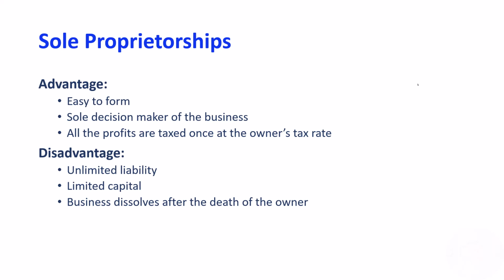And if the assets of the business are not enough, then the bank can go after your personal assets, like your house, your car, or whatever that you own. And then another disadvantage is that because usually you use your own capital or you borrow from a bank, the amount of capital available to sole proprietorships is usually very limited.